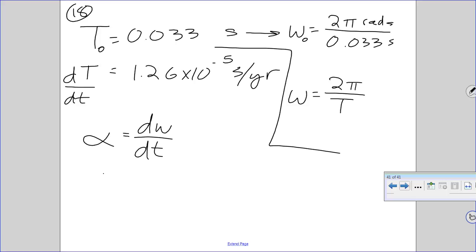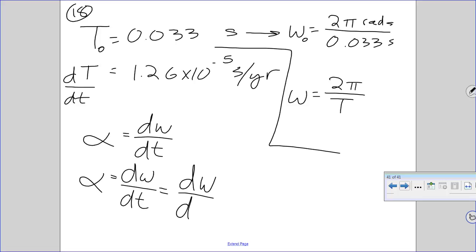All right, so here's what we're going to do. We're going to rewrite this. Alpha is, I know I'm rewriting the same thing just because I have a little more room down here. If you cancel these, you're going to get what we started with, right? Cool. Well, look, I know dT over dt is 1.26.